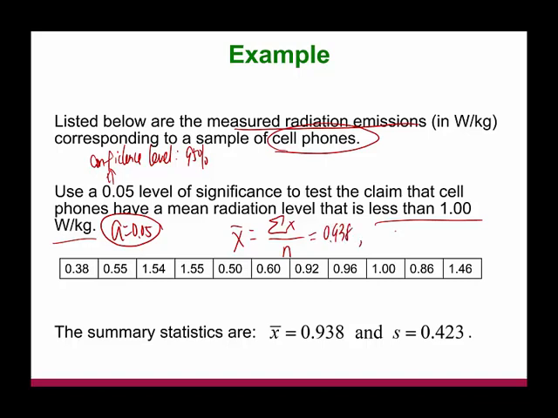And the standard deviation, using the formula n times the summation of x squared minus the summation of x, squared, divided by n times n minus 1, is approximately 0.423. This is exactly what you learned in chapter 3, how to calculate the mean and standard deviation. Now it's applied in this hypothesis testing.